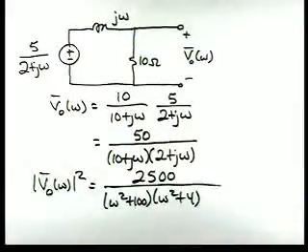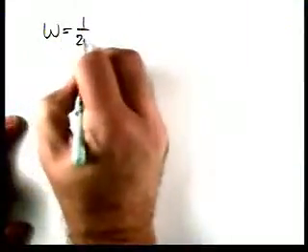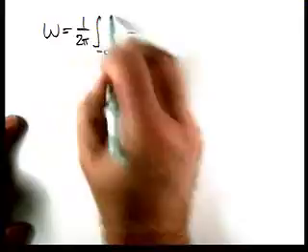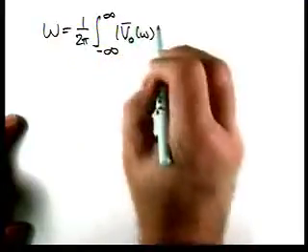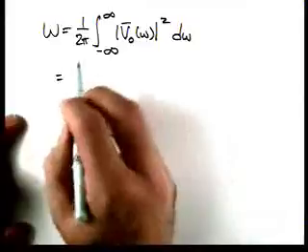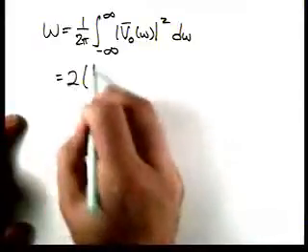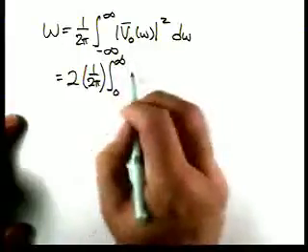Now, in using Parseval's theorem, the energy is 1 over 2 pi integral from minus infinity to plus infinity of the magnitude of V0 of omega squared d omega. Since the function's symmetric, we're going to just integrate from 0 to infinity.